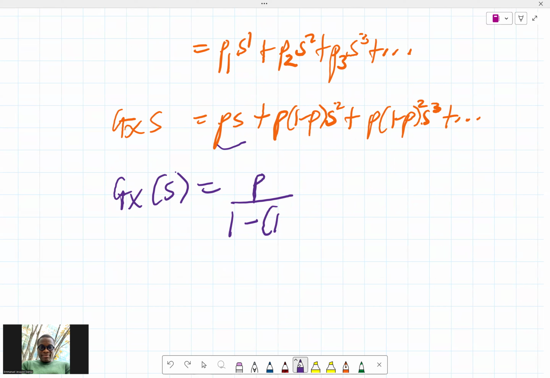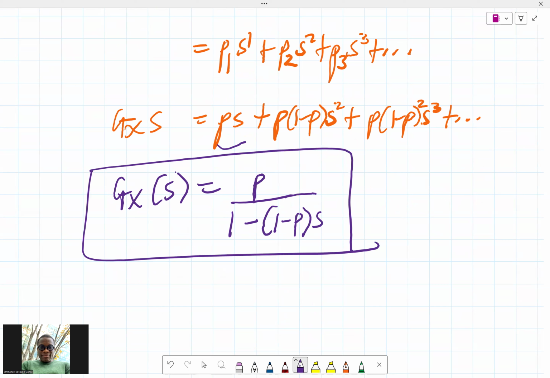If we do the sum to infinity, p all over 1 minus 1 minus ps. So this is the probability generating function for the geometric distribution.